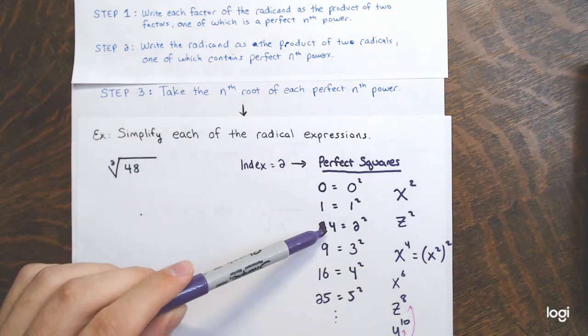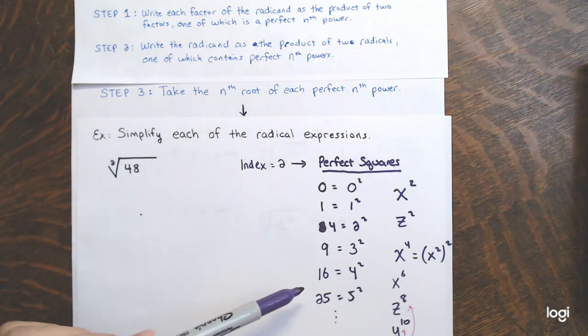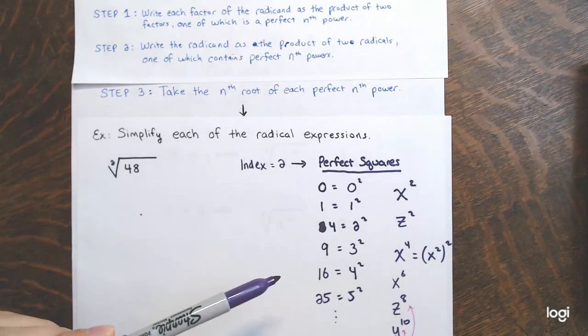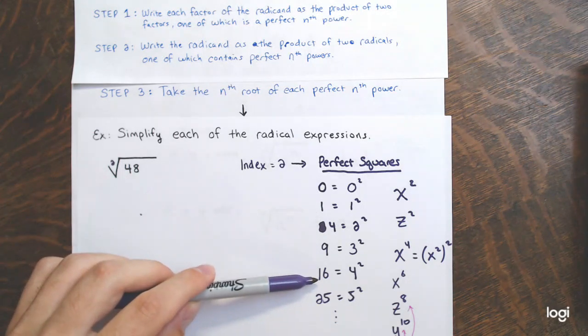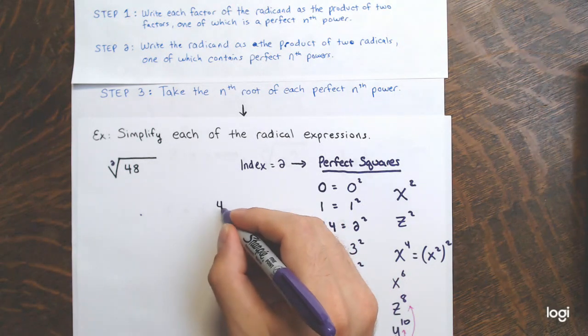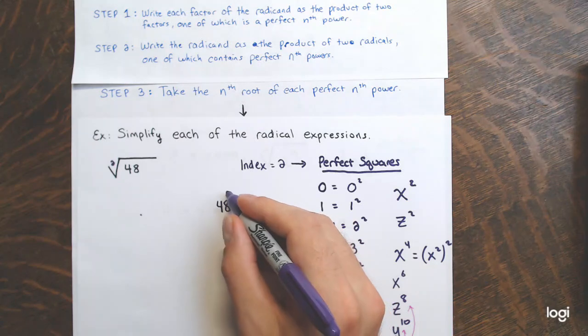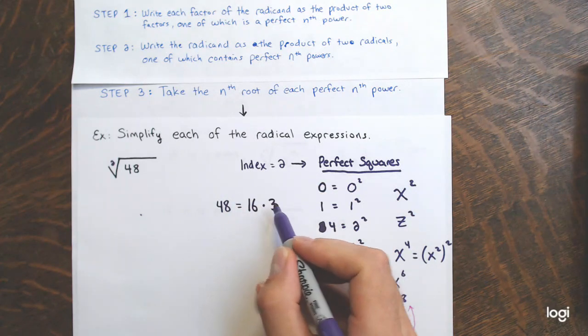Now I know you're thinking, hey, 4 goes into 48, right? 48 is 4 times 12. But 4 also goes into 12, right? I want to find the largest one. 16 actually goes into 48. 48, taking the radicand here, is 16 times 3.